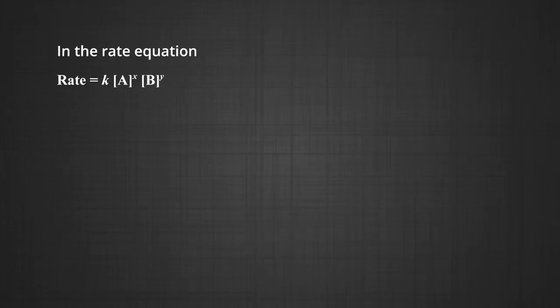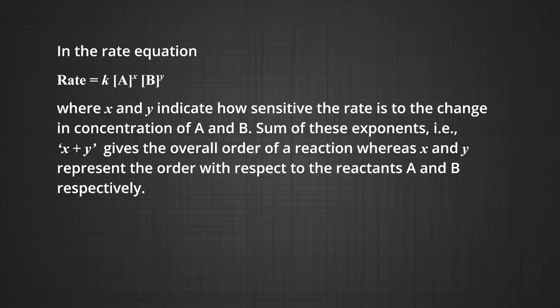Now, let us discuss another concept, that is the order of the reaction. In the rate equation, rate equals k [A]^x [B]^y, where x and y indicate how sensitive the rate is to the change in the concentration of A and B. The sum of these exponents, x plus y, gives the overall order of a reaction, whereas x and y represent the order with respect to the reactants A and B respectively.